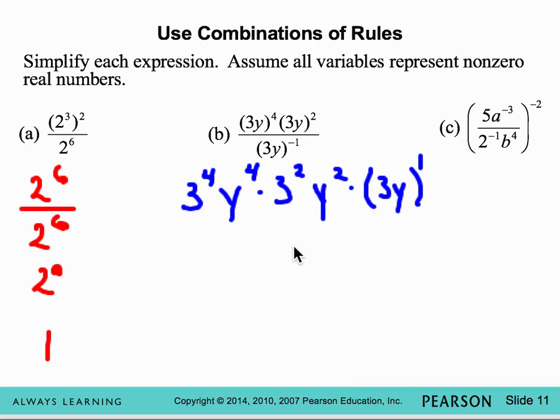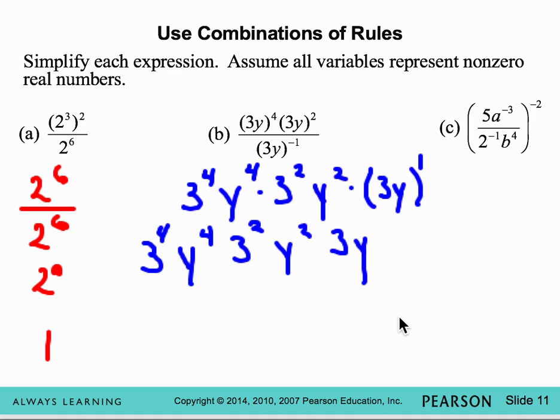So now I don't even have anything in the numerator. So all of these are the same, and that makes this 3. I'm going to just rewrite this so that we can see, get that last bit out of the parentheses. If it's just 2 to the 1, it stays 3y.